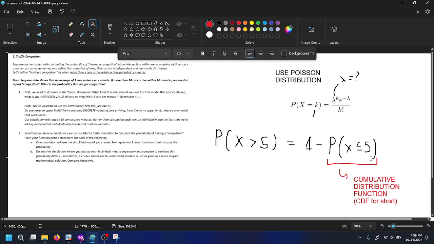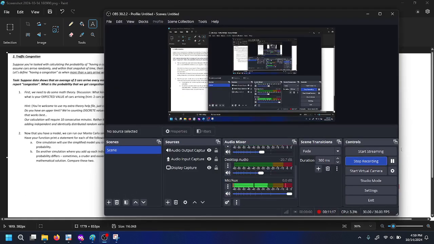And in R, there's a bunch of functions, especially for Poisson, that lets us calculate exactly what this is. Let me briefly pause and open up RStudio so we can show you this.